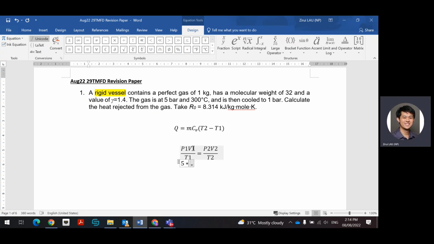V1 is fixed, because V1 and V2 are the same, so V1 and V2 will cancel off. T1 is 300 plus 273, equals P2 is 1 bar, over T2.